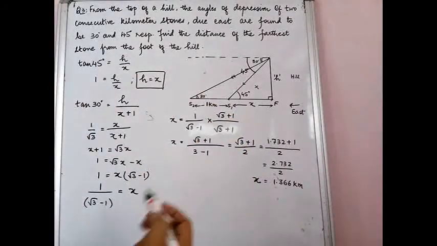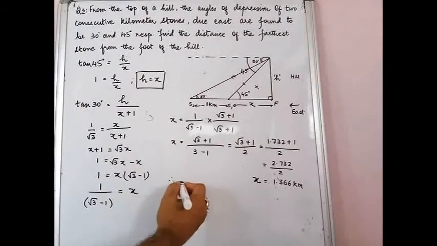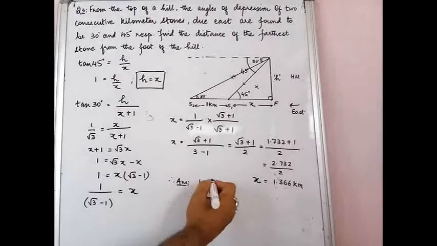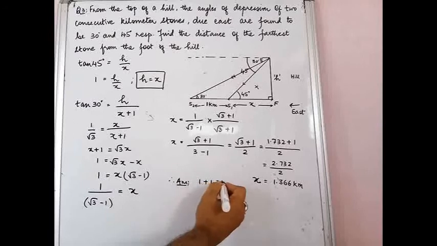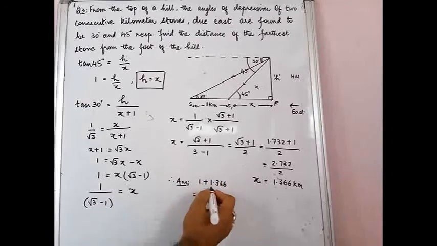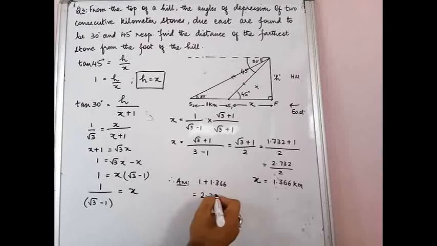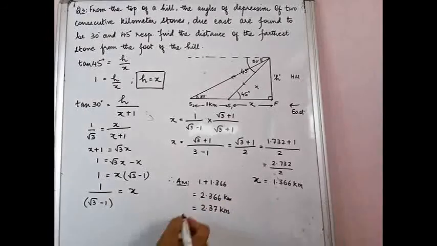We have got x as 1.366, therefore your answer will become 1 plus 1.366, so that becomes 2.366 kilometers, or you can simply write down this as 2.37 kilometers approximately.